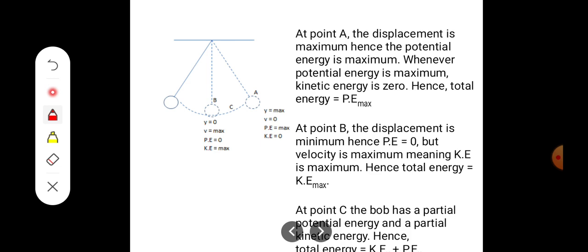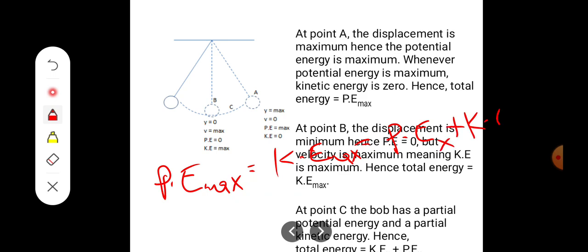So the total energy will be KE plus PE, the potential energy at that point plus the kinetic energy at that point. From there, we can say that the maximum potential energy, PE max, is the same thing as KE max, which is the same thing as PE at a particular point plus the KE at that point. So this is the concept of conservation of mechanical energy.